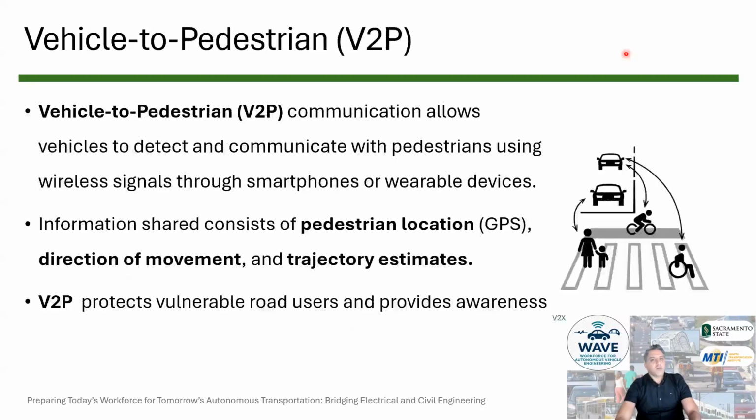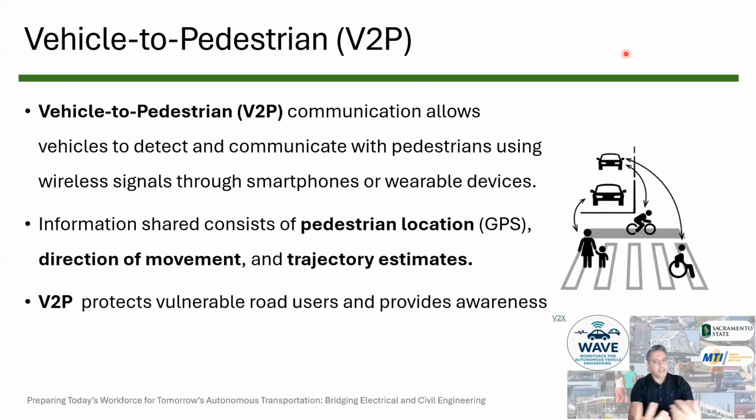Another category that we have is vehicle to pedestrian. It's a communication that allows the vehicle to detect and communicate with people using wireless signals. Those signals can come through smartphones or wearable devices.